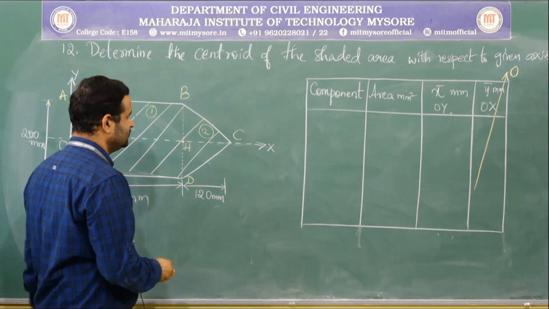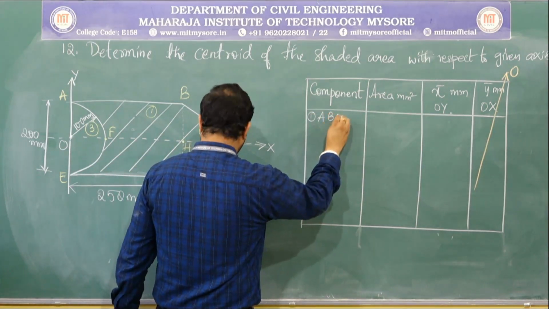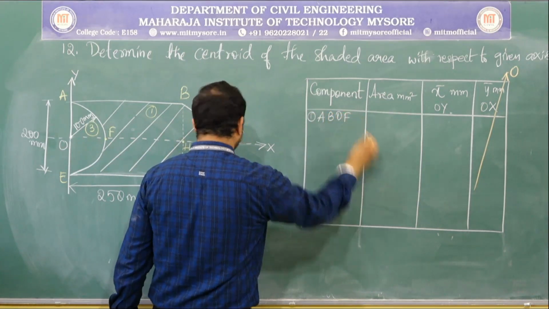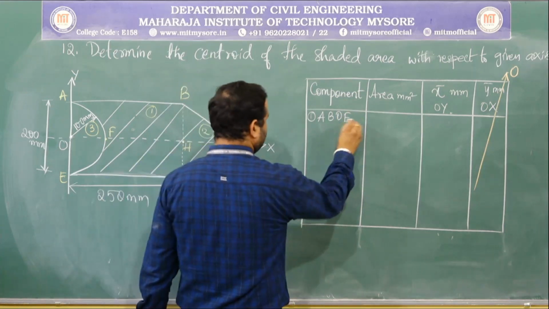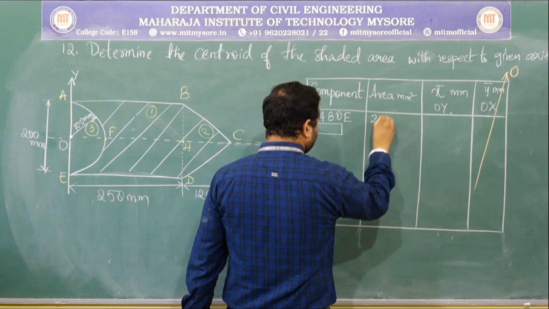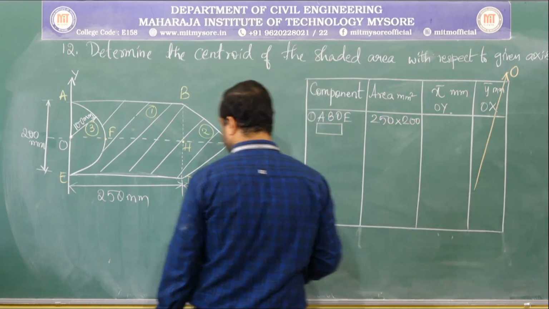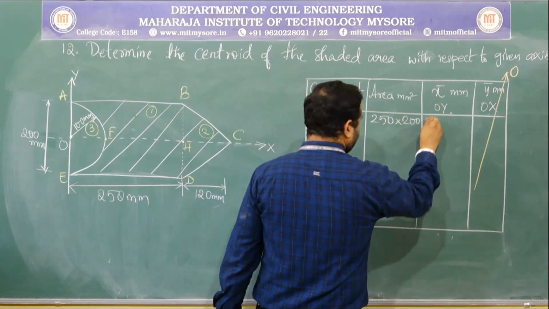So, component 1 is rectangle A, B, D, E. Its area is 250 into 200, A1. Next, X1.